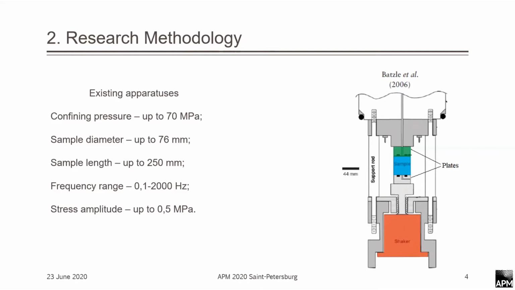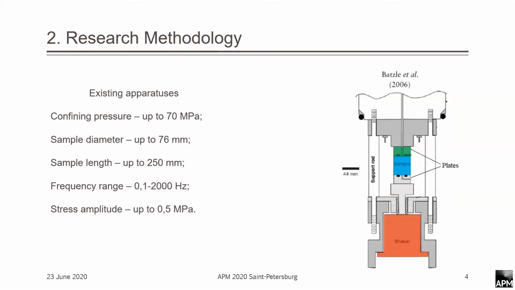Samples are prepared, glued to the plates of the machines, to the apparatus, and during loading onto a rock sample, dynamic vibrations are created with a frequency up to 2 kilohertz.